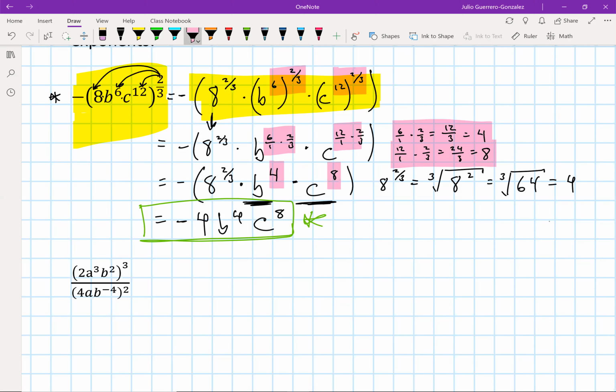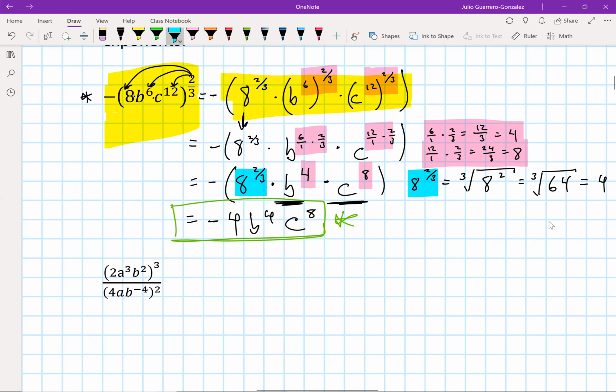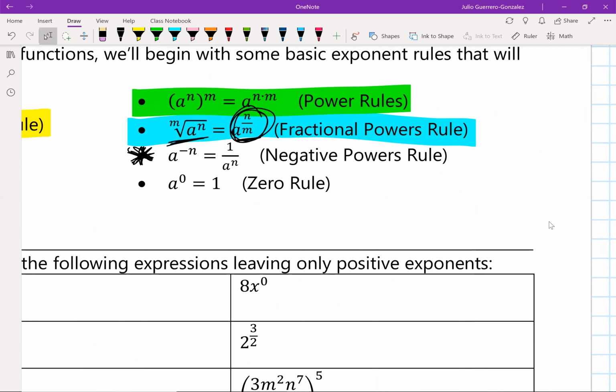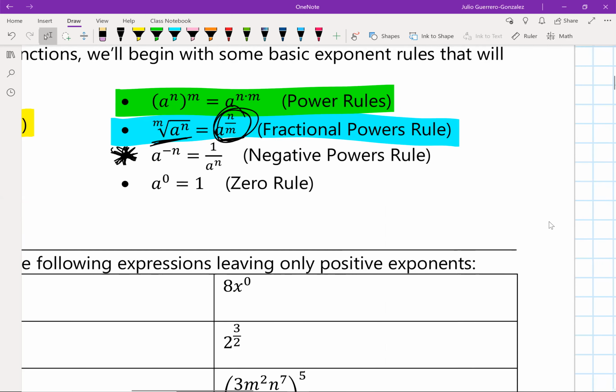The last thing that we hadn't done after there is we have this 8 to the 2/3. This is where we use our fractional powers rule. So if we have an exponent that's a fraction, we can turn it into stuff that has a root on it.